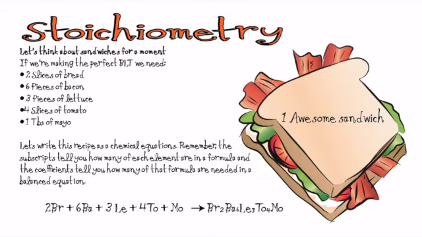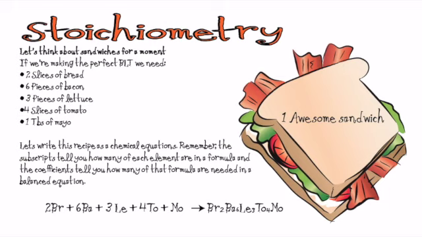Stoichiometry. So let's think about a sandwich for a moment. If we're making the perfect BLT, we need 2 slices of bread, 6 pieces of bacon, 3 pieces of lettuce, 4 slices of tomato, and 1 tablespoon of mayonnaise. So let's write this recipe as a chemical equation. Remember, the subscripts tell you how many of each element are in a formula, and the coefficients tell you how many of that formula are needed in a balanced equation.